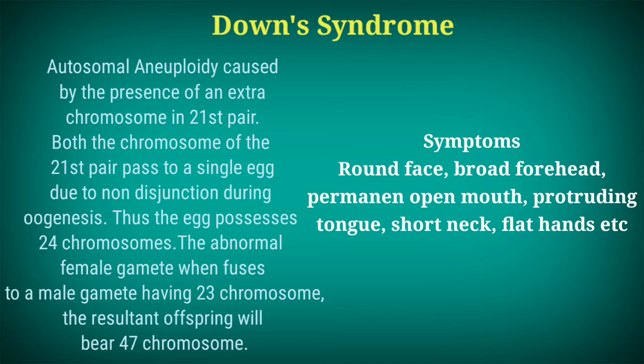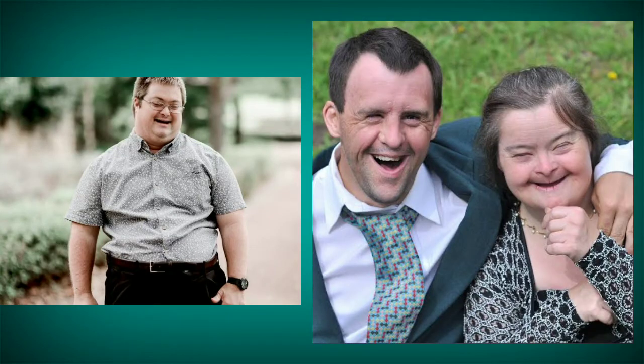Thus the egg possesses 24 chromosomes. Usually, as we know, the female gamete possesses 23 chromosomes, but in this case, the egg possesses 24 chromosomes instead of 23.